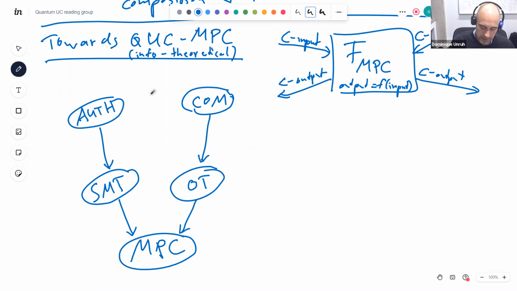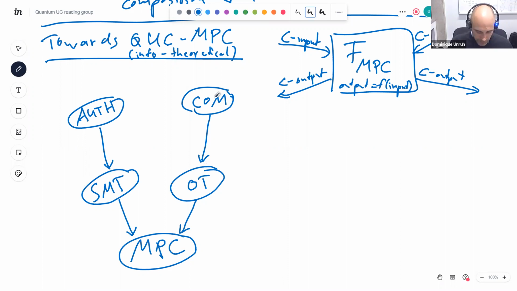So this upper part is something unique to the quantum setting, because we know that we cannot get information theoretically secure channels from authenticated channels, and we cannot get information theoretically secure OT from commitments. So there's the big difference between quantum and classical.